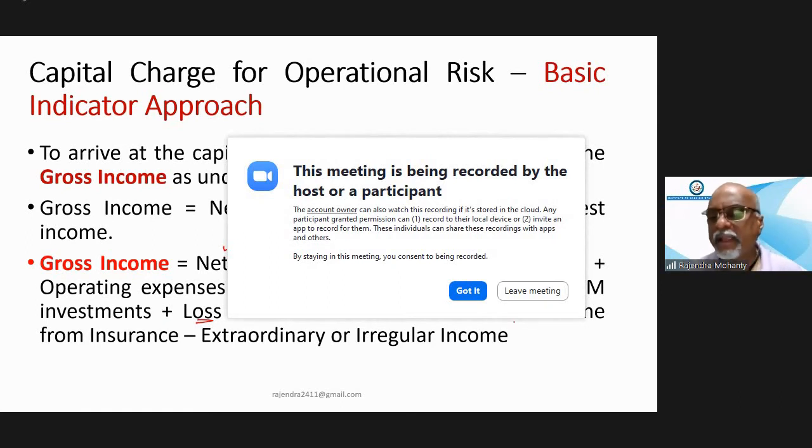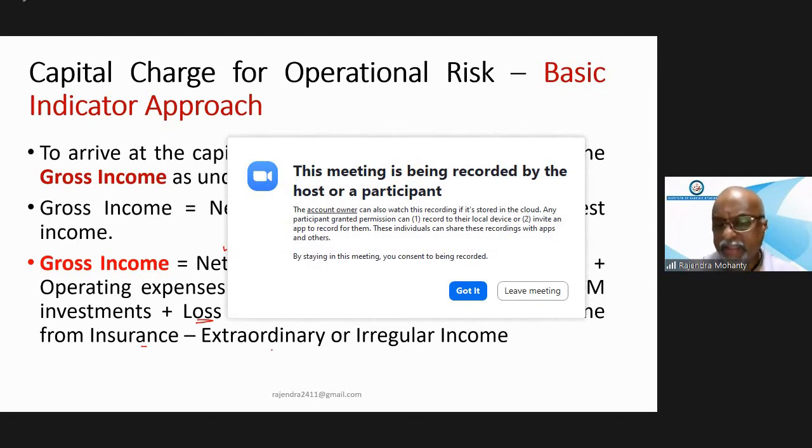Now, any income already there in the net profit that pertains to insurance income, whether it is a fee from insurance or an insurance claim received by the bank, has to be deducted.